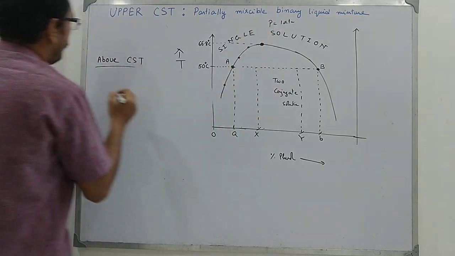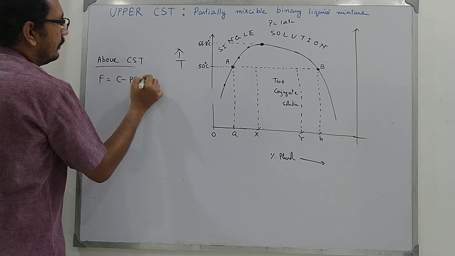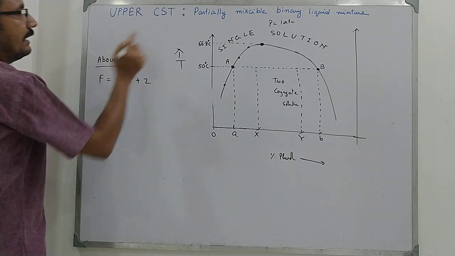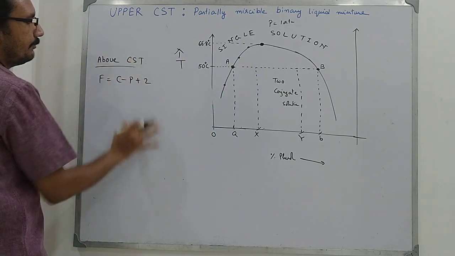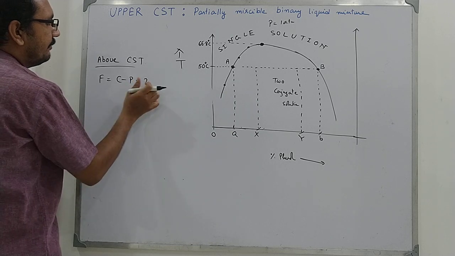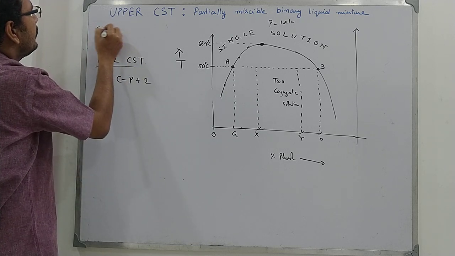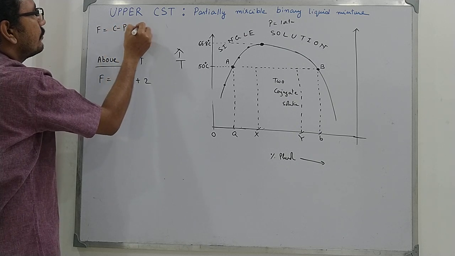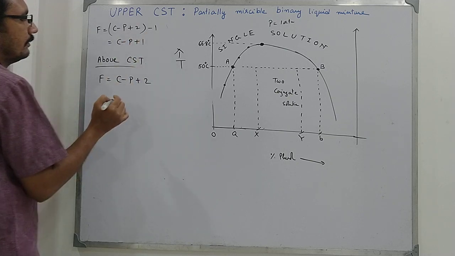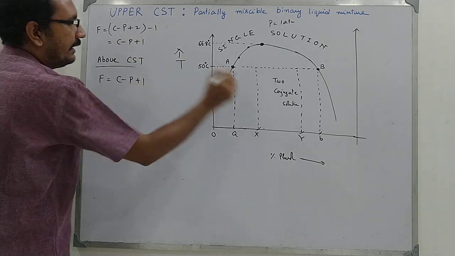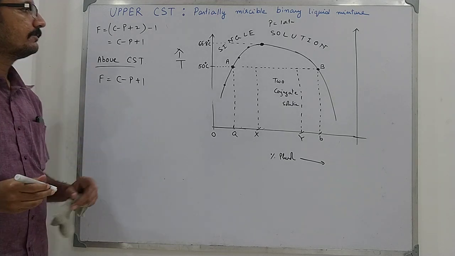What you will have here is F equal to C minus P plus 2. Now remember one thing, here P is kept constant throughout. So there is one restriction which has to be followed throughout the experiment. So we have F equal to C minus P plus 2 minus this restriction, so it will be C minus P plus 1. So the phase rule that can be applied here will look like F equal to C minus P plus 1.